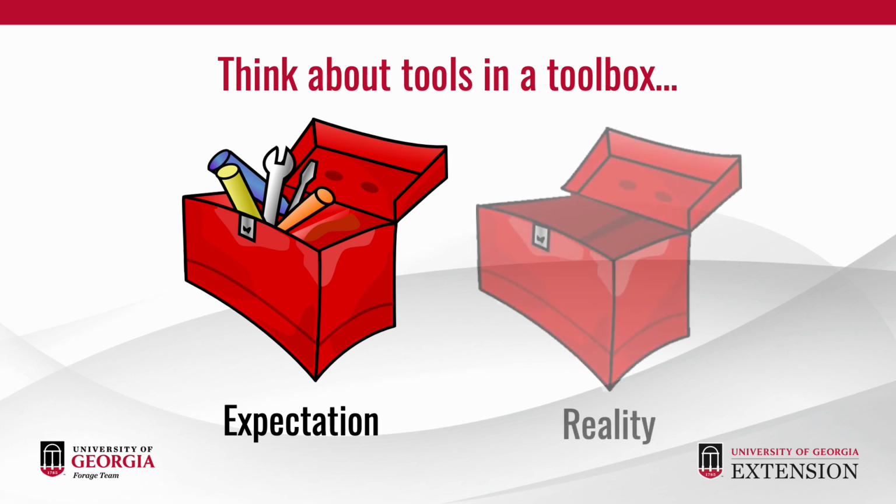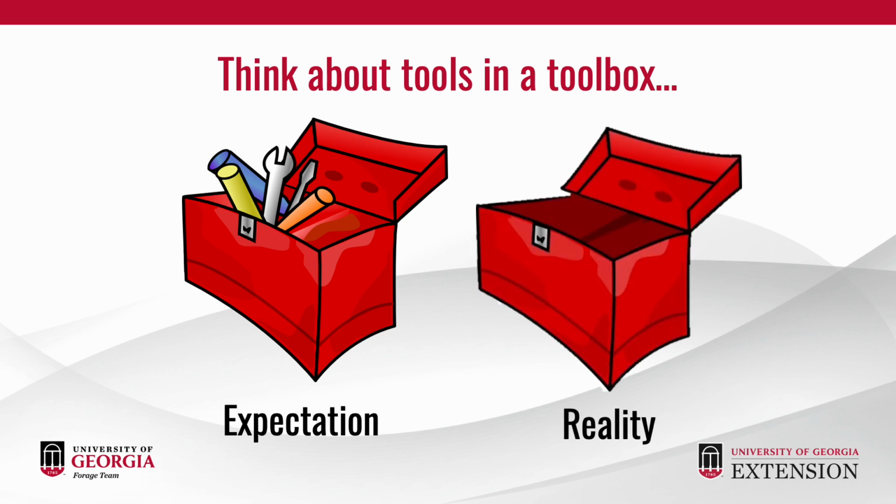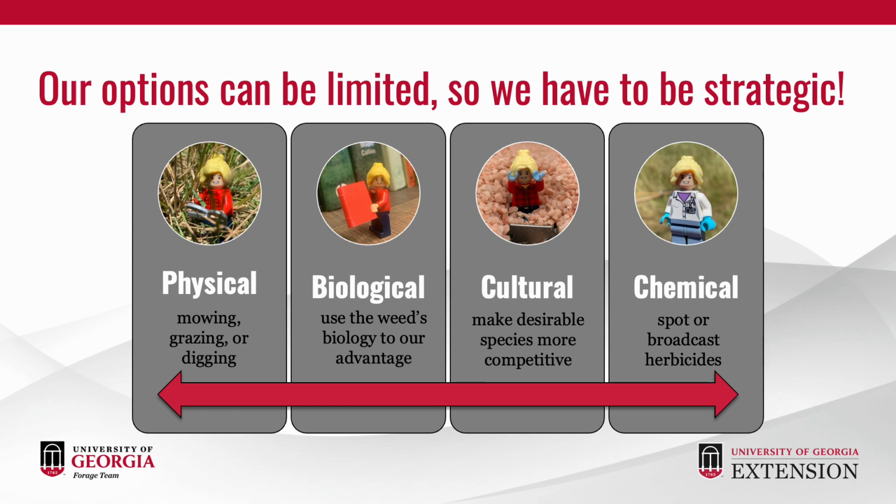But within forage production, our toolbox looks a little more like that one there on the right. We have to make the best out of the options that we do have, recognizing that we have very few options. And so our options can be very limited, and so we have to be strategic.